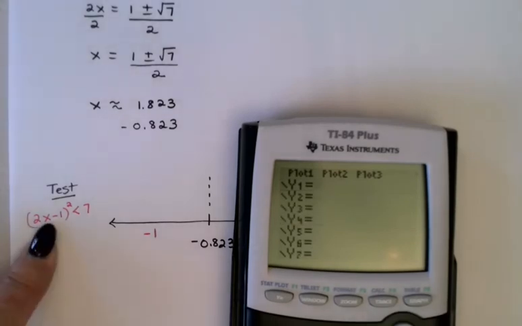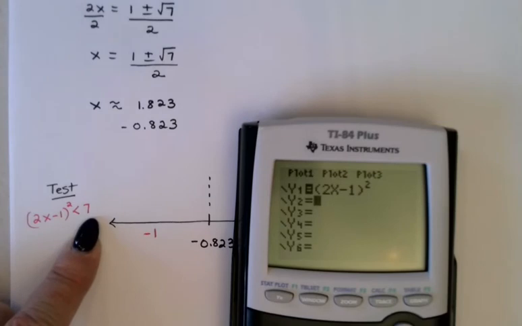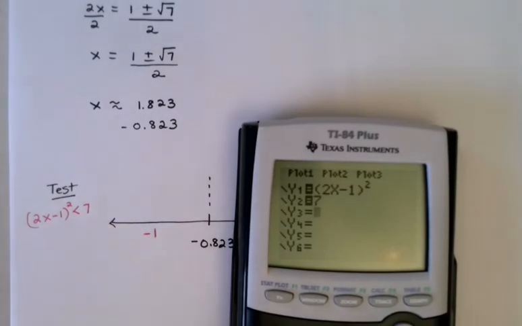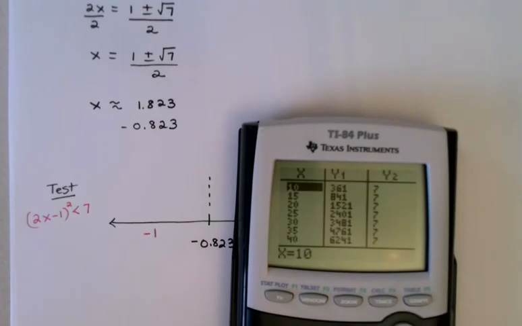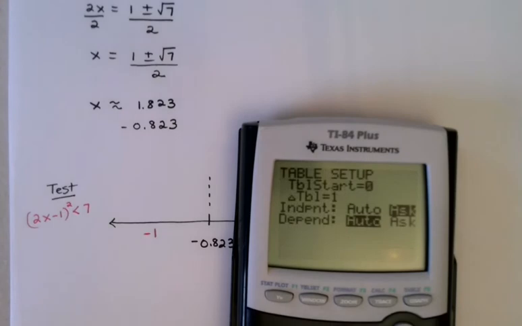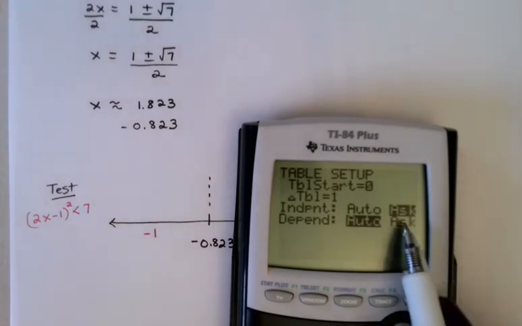I'm going to put this 2x minus 1 squared. And if I want to, I can put the 7 on the other side, or I can just remember it. That's kind of up to whatever you prefer. And then I'll go to the table and make sure my table is set up correctly. It is. I want to make sure my independent variable is set to ask, just like this.